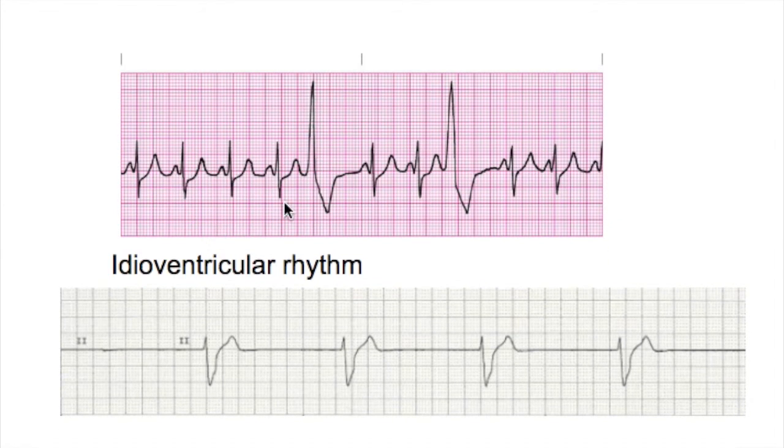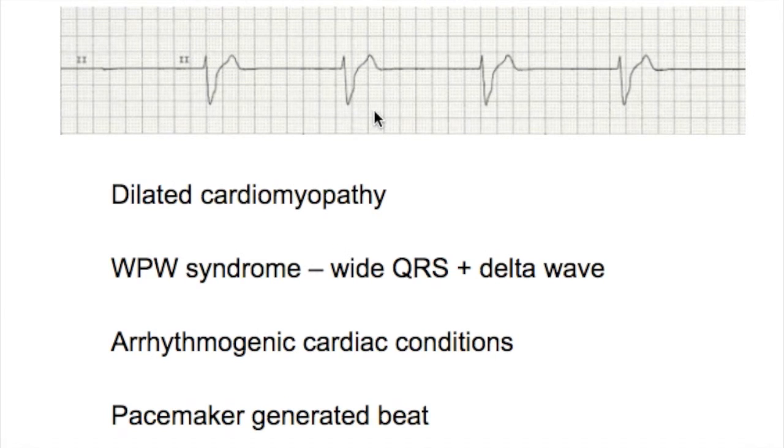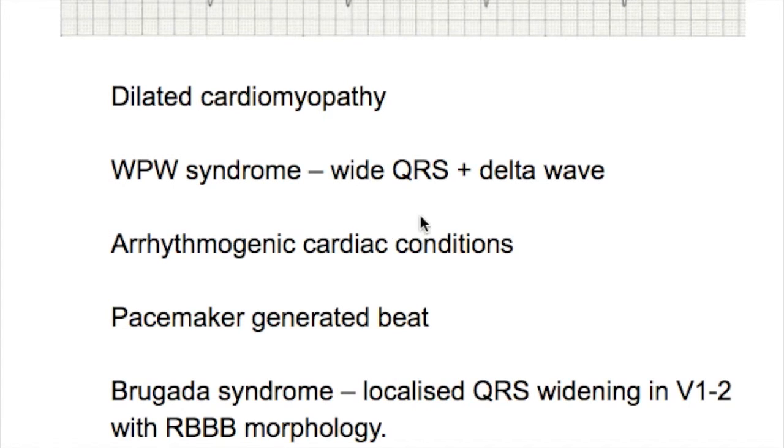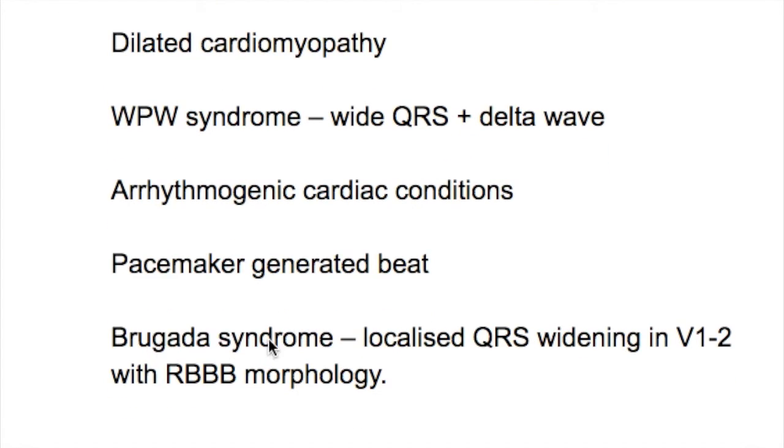And idioventricular rhythm, wide QRS, dilated cardiomyopathy. We already discussed Wolff-Parkinson-White, which has a delta wave, arrhythmogenic cardiac conditions, pacemaker generated, already done. Brugada syndrome, we'll discuss it in a moment.